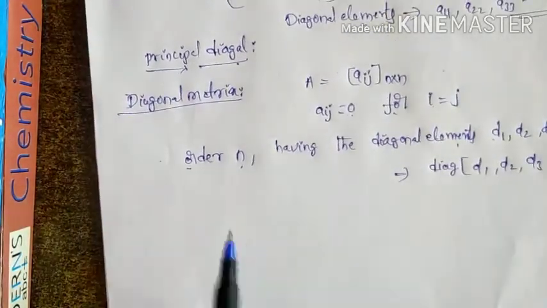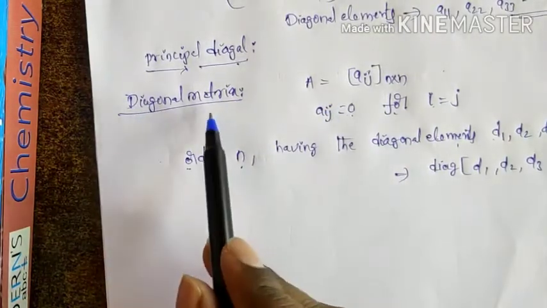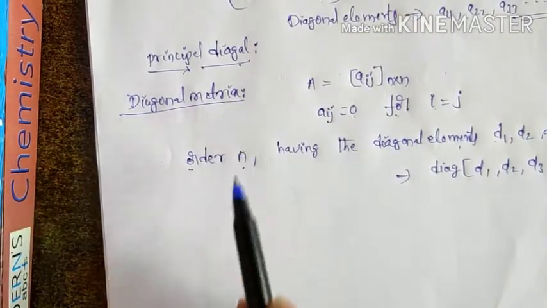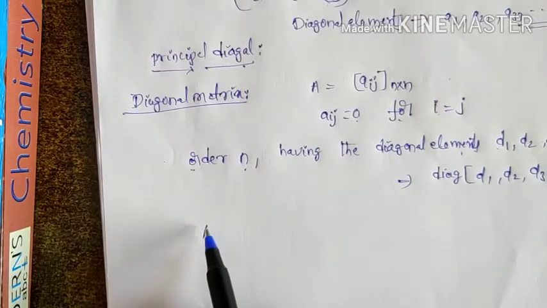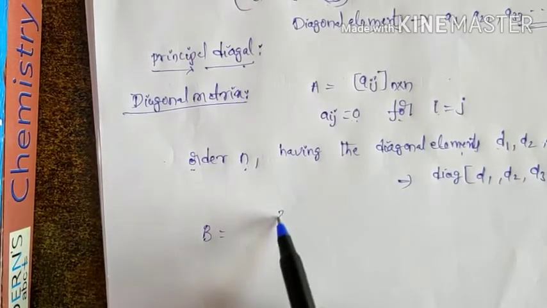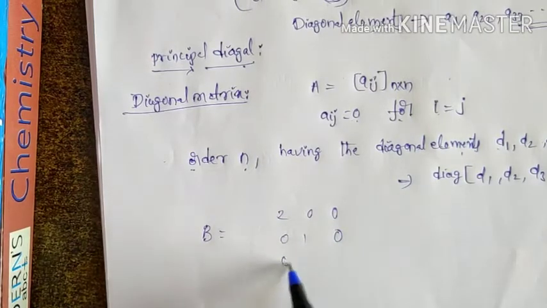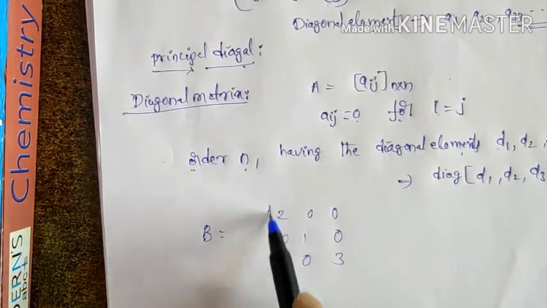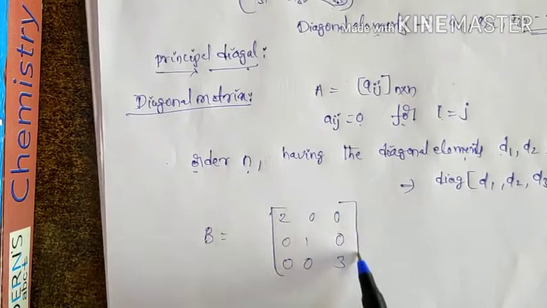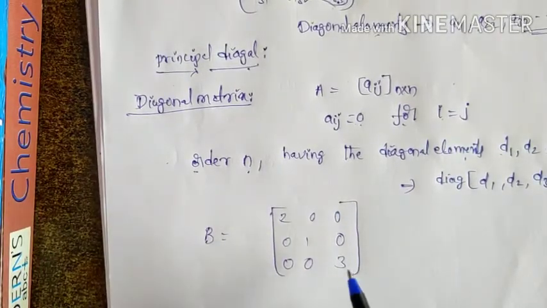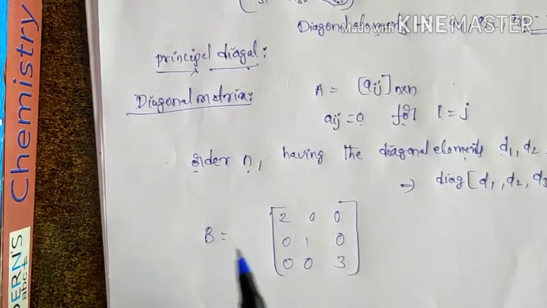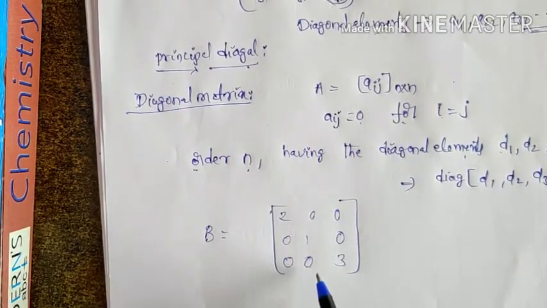Let's see the example. You can understand the definition of diagonal matrix easily. Suppose I consider B is equal to 2 0 0, 0 1 0, 0 0 3 here. So what is the definition? A square matrix is said to be a diagonal matrix. It means to define a diagonal matrix, the matrix must be a square matrix.